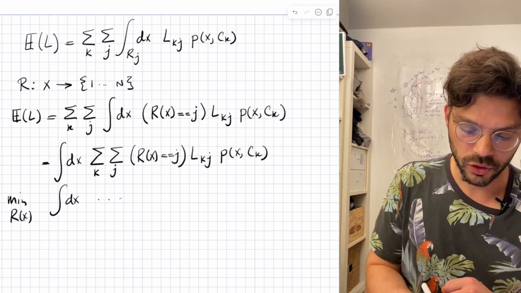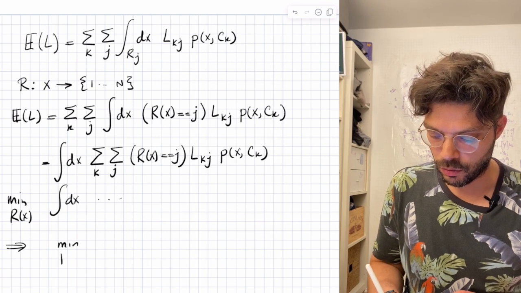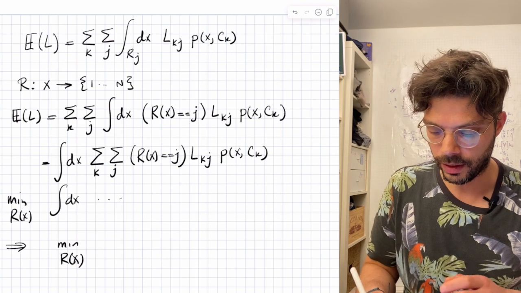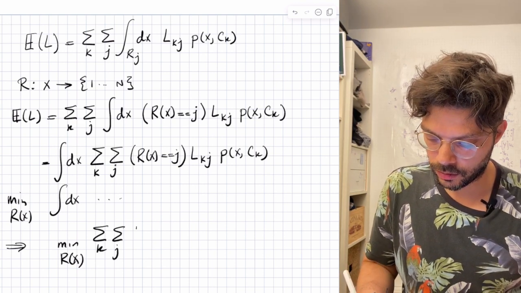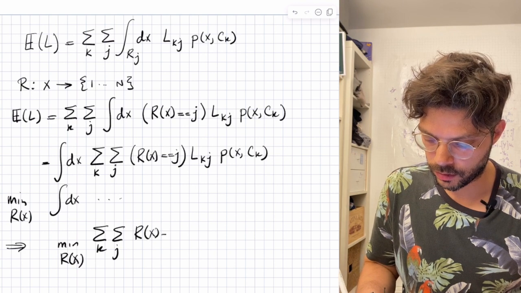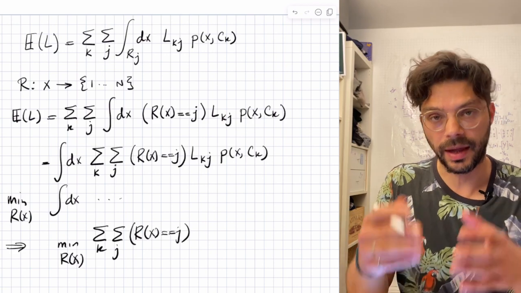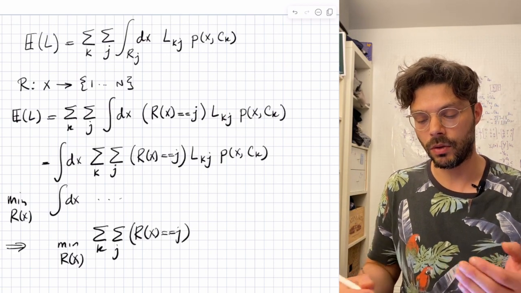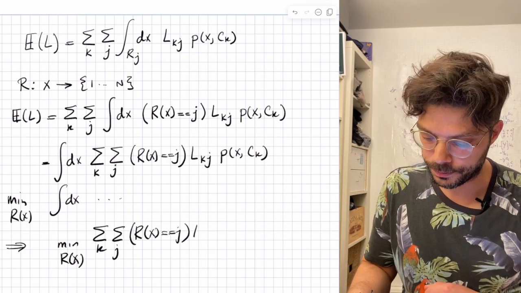Our job will then be to minimize over R(x), with some abuse of notation now, this thing. We're just going to take that integrand, look at every single point, and minimize over R(x) at that point.